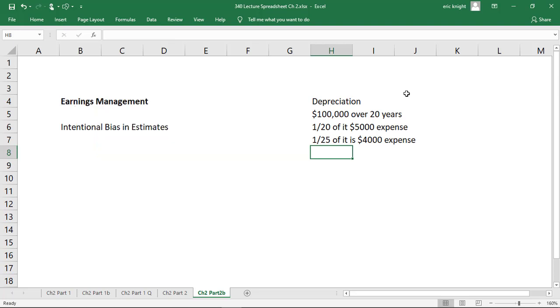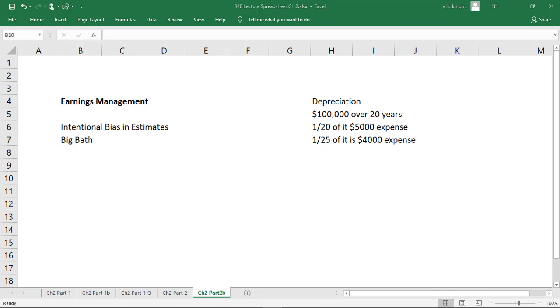Again, because there's no real way of knowing if we're going to use the asset for 20 or 25 years, it's very hard for the auditor to pick up on that. So that's just one example of exploiting an estimate in order to get the financial statements to look a certain way. Small example, but it's one of the ones that we have to consider.